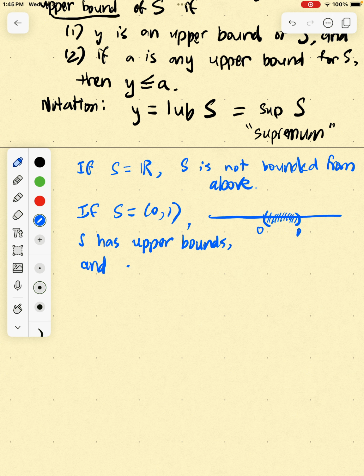The supremum of S is 1. And now notice that the supremum of S is not an element of S in this example. We'll actually see that it's an axiom that every bounded set of real numbers does have a least upper bound.